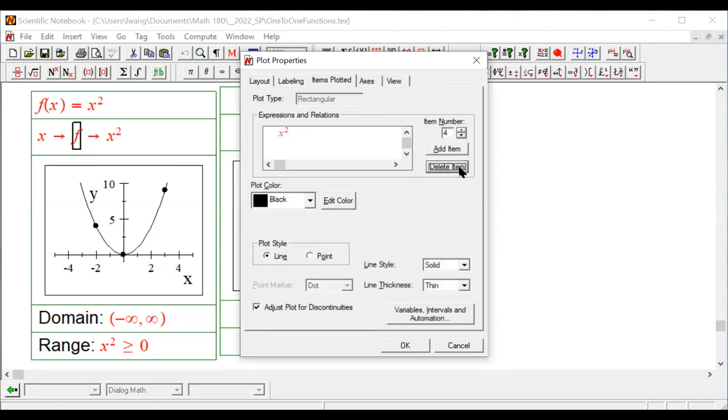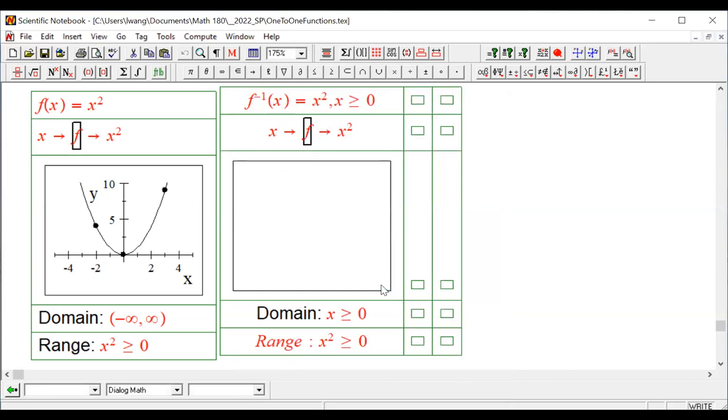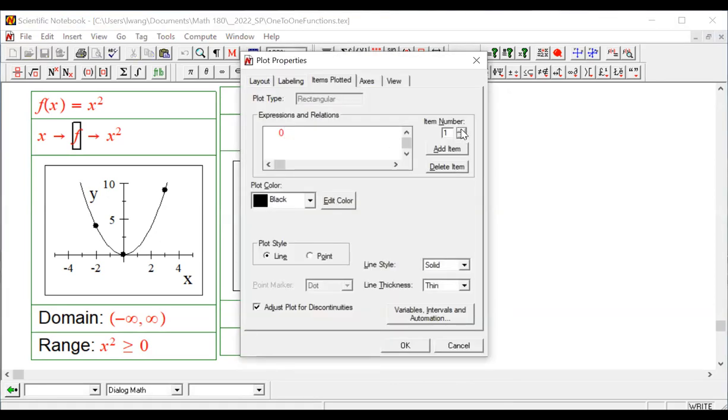Let me delete these items. Let me see if I can make it work. It may or may not work, since some software doesn't honor these. But that's okay, I know how to work it.